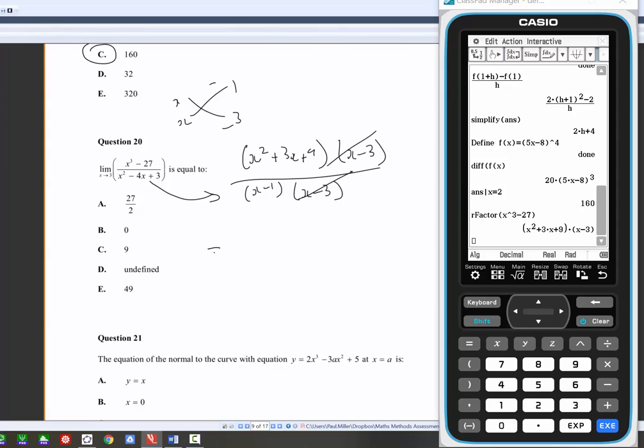That cancels with that, and now it's game on. So let's whack the 3 in there. 9 plus 9 plus 9 all over 2, 27 on 2.